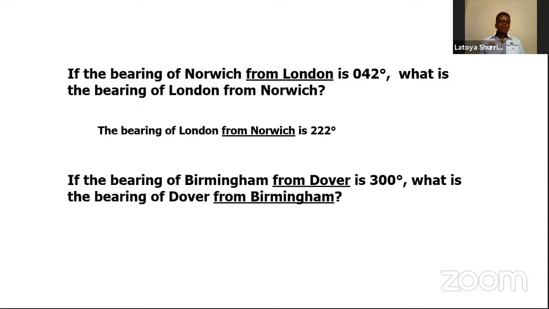So if you're calculating the bearing of a point from another and you get a negative number for your answer, it means that you would have done something wrong because it's not falling within the range of 0 degrees to 360 degrees. Based on his understanding, Nico said he would now subtract for the second one and he would have gotten 120 degrees. Very good, Nico.